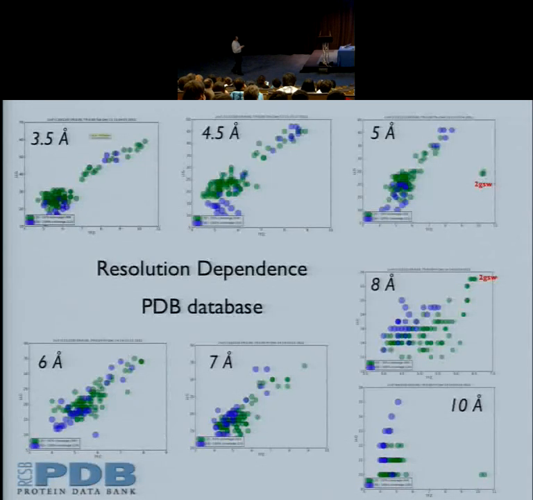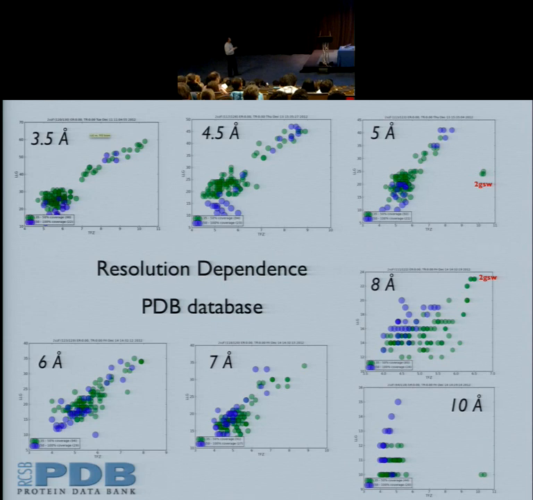And then we run it as a function of resolution. We start the search all the way from 3.5 to 10 angstroms. At 3.5 and 4.5, it's about the same. And this is using the PDB data set. At 5 angstroms, we suddenly got some artifact. The TFZ is scoring fine, but the LLG, so this is the top solution that finally lost the LLG value, is some artifact of the particular version that we used.